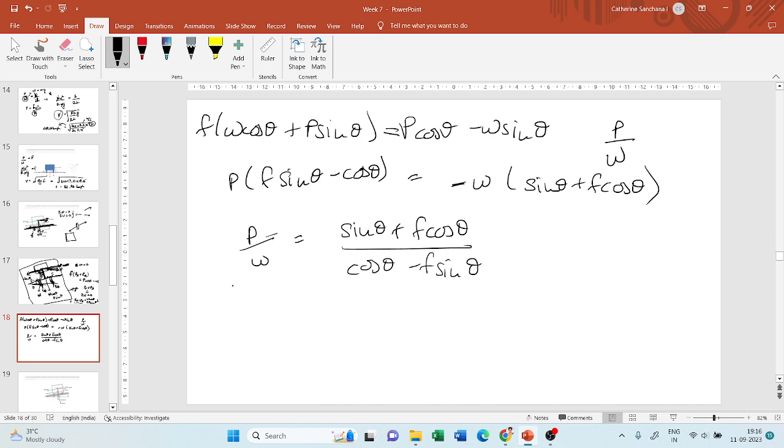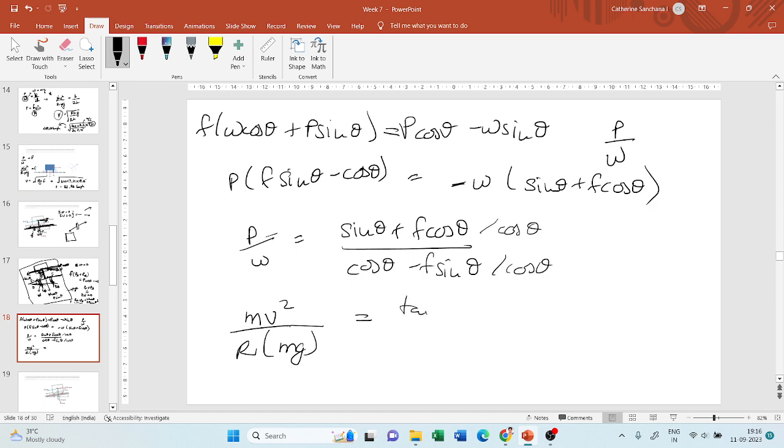Okay, you know what P is, so P is mv square by R, and W is m into g. Okay, this will be equal to sin theta. I can divide everything by cos theta, so divide the numerator and denominator by cos theta.